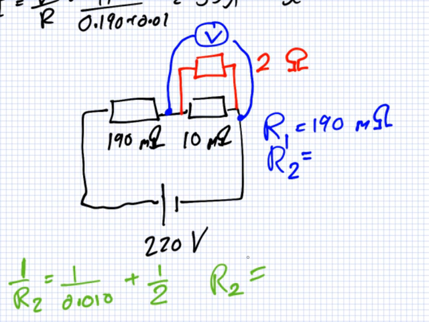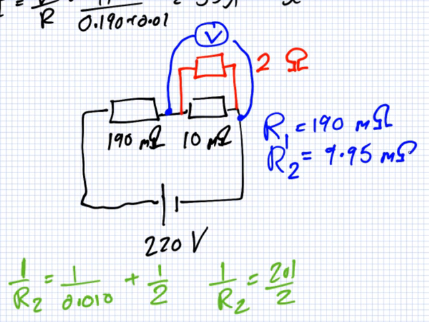Oh, sorry, no. Yeah, that's right. So 1 over R2 would equal 201 over 2. So this means R2 will be 1 over this, which is 9.95 milliohms.